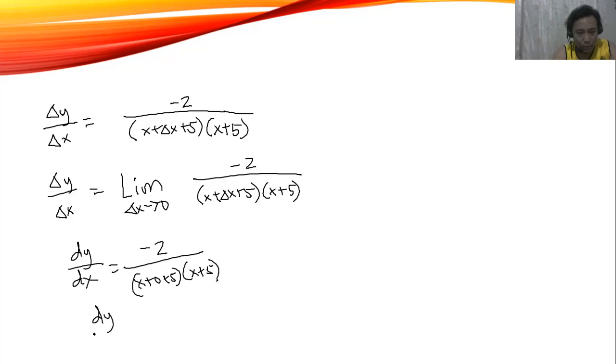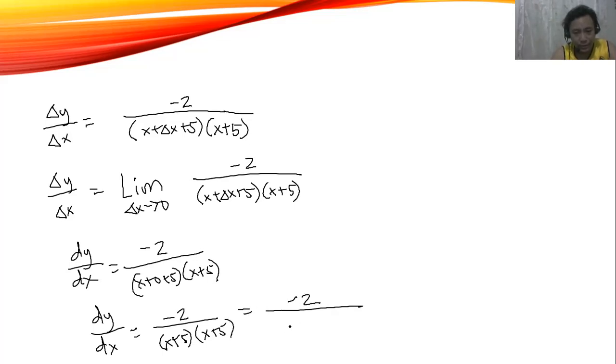So we have dy over dx is equal to negative 2 over x plus 5 times x plus 5, or this is simply negative 2 over x plus 5 squared.